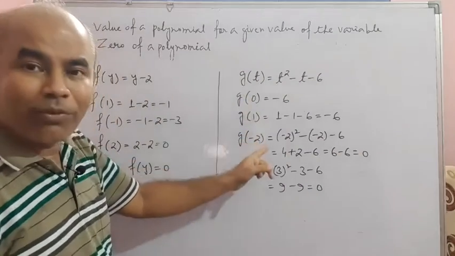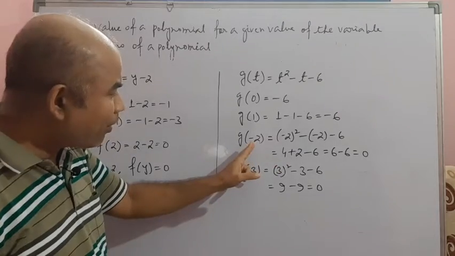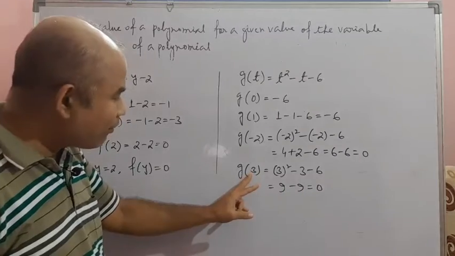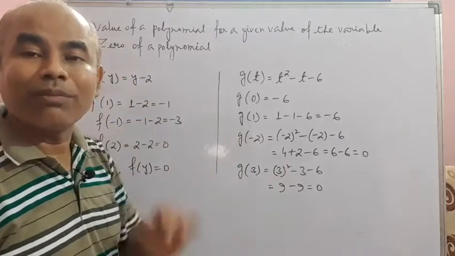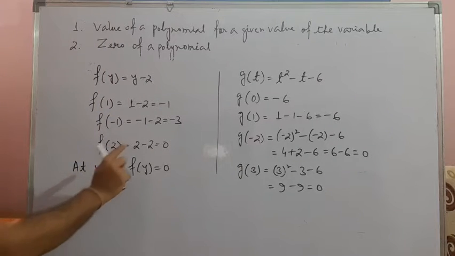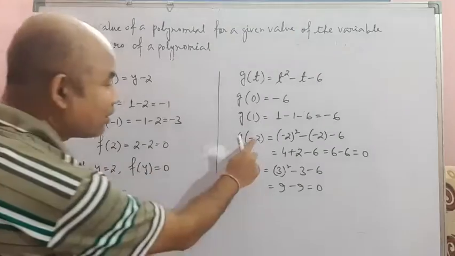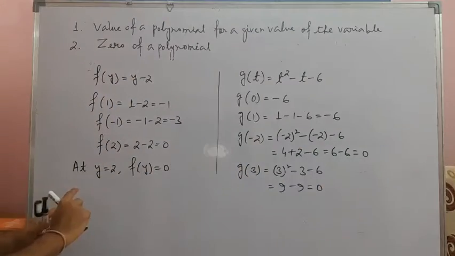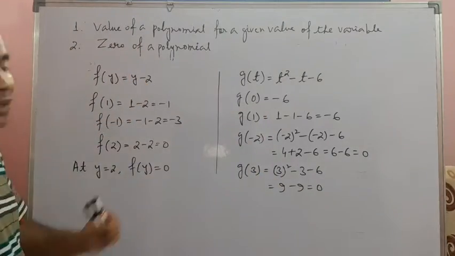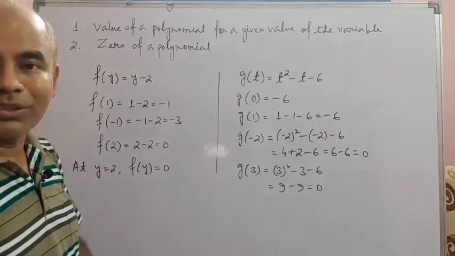Here in this quadratic polynomial also, I have seen that for t equal to minus 2, the polynomial becomes 0, and for t equal to 3, the polynomial becomes 0. Now, the values of the variable for which the polynomial becomes 0, like here 2, here 3 and minus 2, are called zeros of the polynomial.